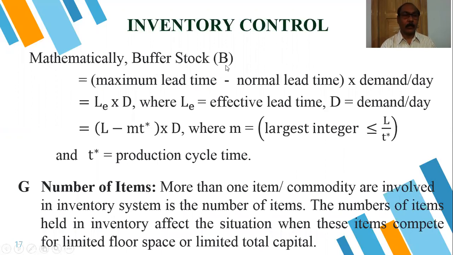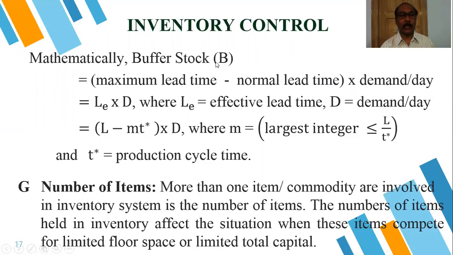Mathematically, buffer stock B equals maximum lead time minus normal lead time, multiplied by demand. When they fail to deliver, we get the maximum lead time from our past data. Suppose instead of 10 days it is 15. The maximum delayed delivery is 15, but normally, by the terms and conditions, it is 10.